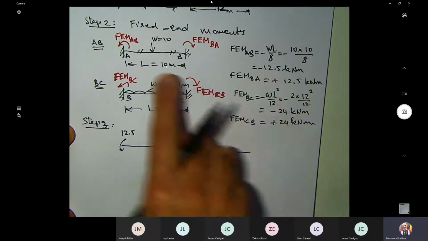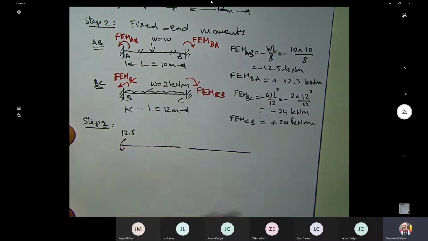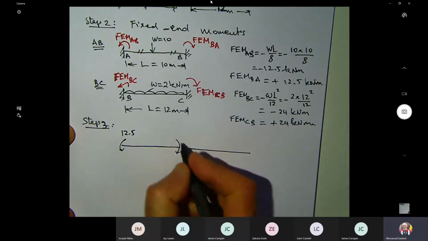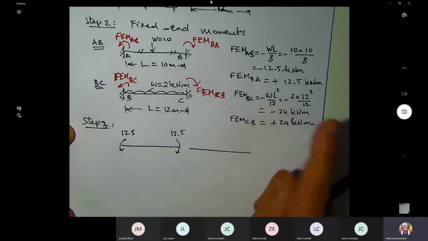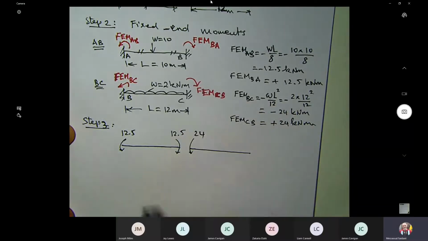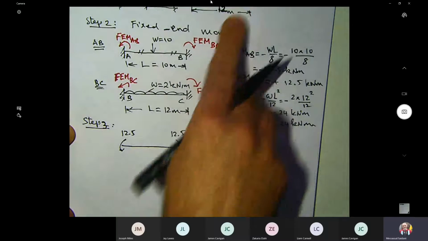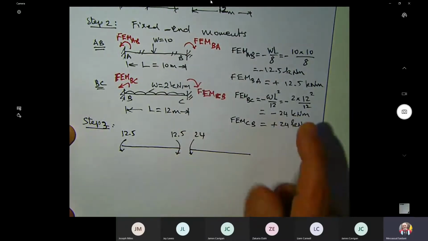When you say minus here, that means it's anti-clockwise, okay? So we have anti-clockwise 12.5, we have clockwise 12.5, we have minus 24, so that's anti-clockwise here. So we have 24, and finally at C, here at C, we have clockwise 24.